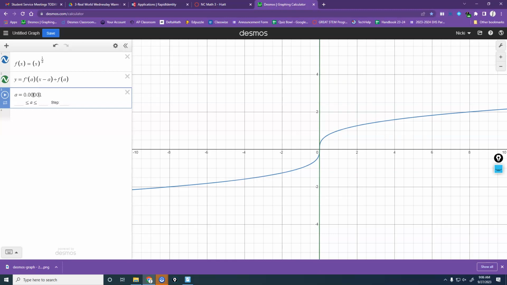Technically it's not, because if I go to 0 it disappears, but this is an example of a vertical tangent line that you would have here. And what is the slope of a vertical tangent line? Undefined. So that's why we can't be differentiable at that point, because if you do take the derivative, it's undefined, because the slope of the tangent at that point is undefined.